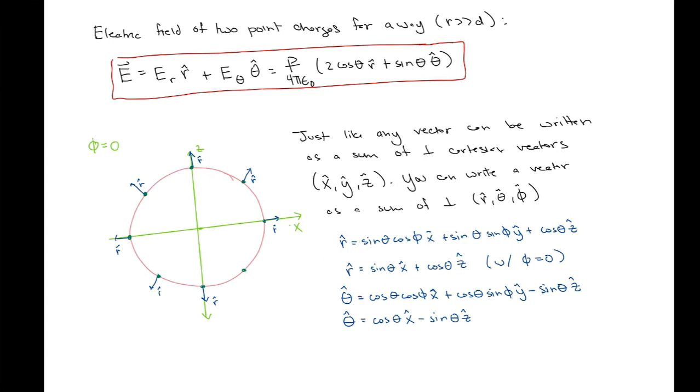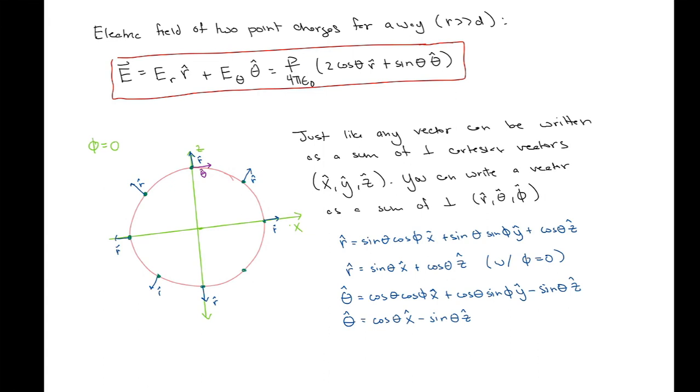Again, if I were to go around here and pick my spots, here I'm at theta equal to 0. When I do that, I'm going to get a vector that points perpendicular to the r hat vector, in this case the positive x direction. This would be my theta hat vector.